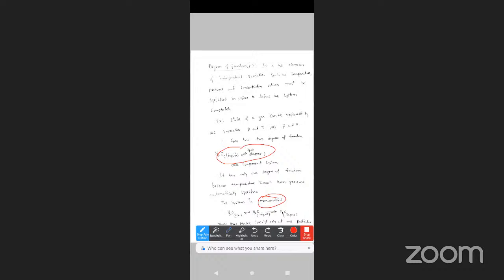Which means the number of degrees of freedom is 1, which means either temperature or pressure can be mentioned for this phase equilibrium. Hence, it is a monovariant, F equal to 1.